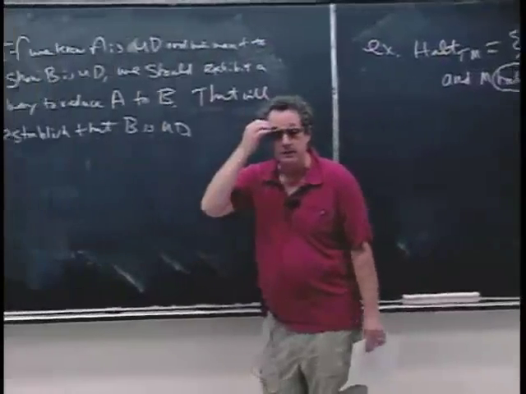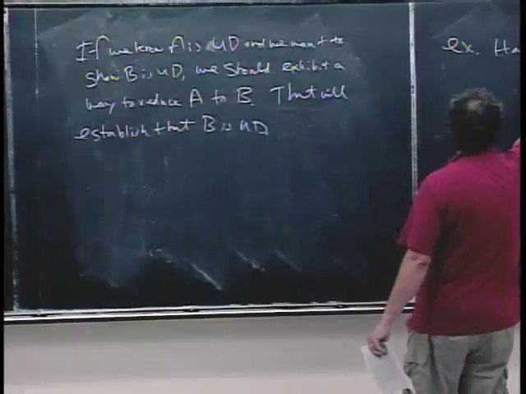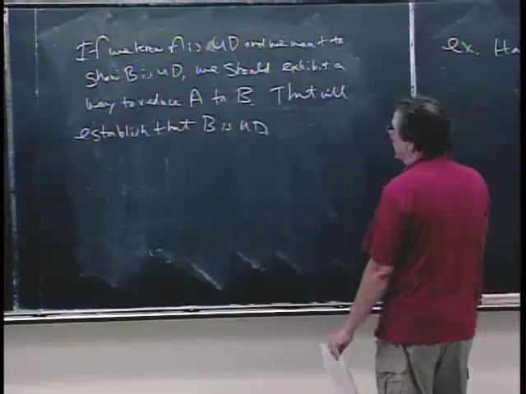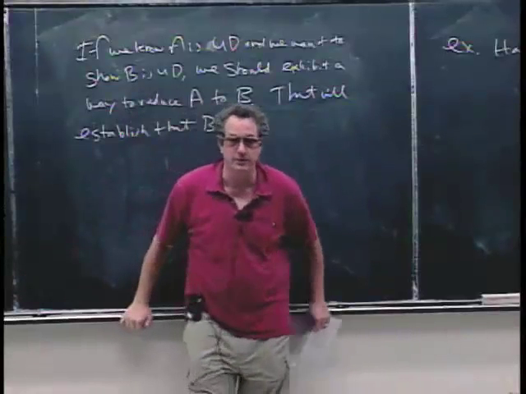Now, we know that ATM is undecidable, and we want to prove that this language halt is undecidable. So in terms of this logic, which language plays the role of A and which language plays the role of B?